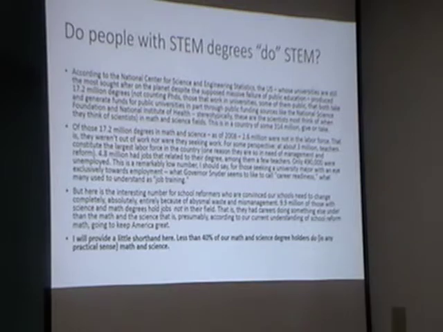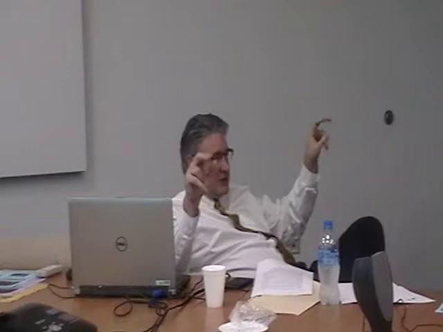Again, we're being told on the one hand that we need these skills, but these skills as they're actually put to use in the workforce aren't nearly as useful. And again, you'll find a remarkable number of STEM proponents with math and science degrees who, as far as I can tell, aren't doing anything like STEM that I could possibly recognize. They're doing an awful lot of marketing, but not anything like science.